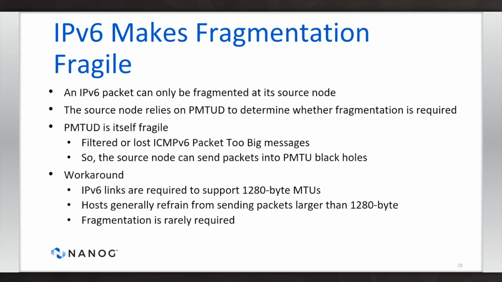So what workarounds have people found in IPv6? Well, an IPv6 link is required to support a 1,280 byte MTU. Hosts generally refrain from sending packets larger than that. So fragmentation is rarely required. Now, where did we come up with this magic number, 1280? Well, 1,500 is a common Ethernet limit.